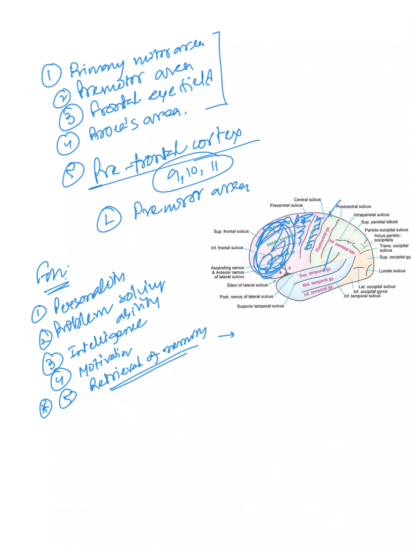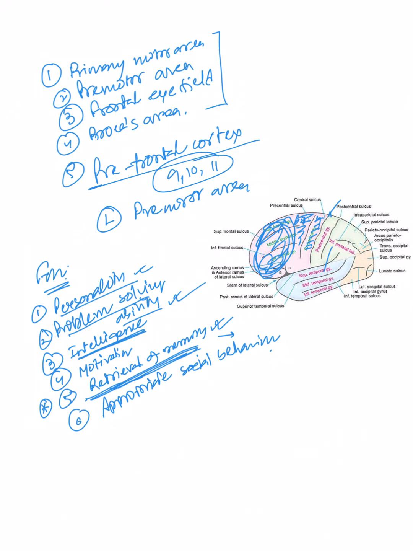Okay, that is called the retrieval of memory, and it is done by the prefrontal cortex. Number 6, appropriate social behavior. So just remember 2 or 3 things. Mostly retrieval of memory, very important, intelligence, personality, and problem solving ability.